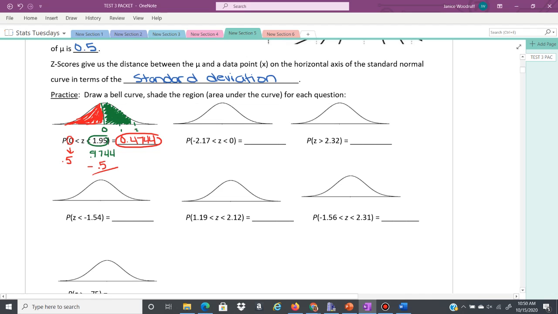That's why I have all of these little graphs here for you guys, so that you can visualize them. In our next example, you have negative 2.17, which we'll say is probably about right here, and then you have 0. So you want this area right here.